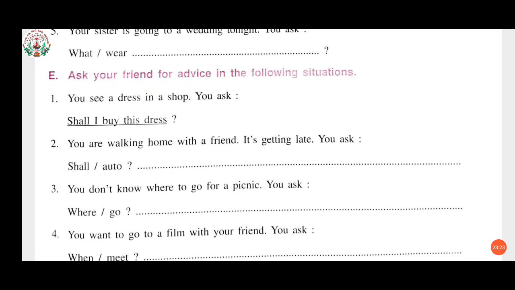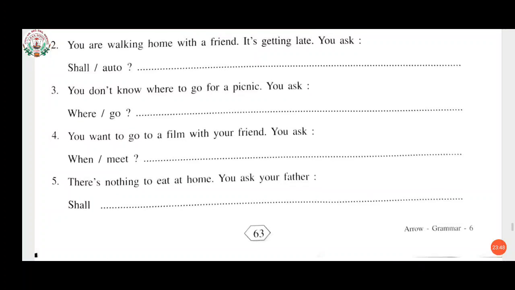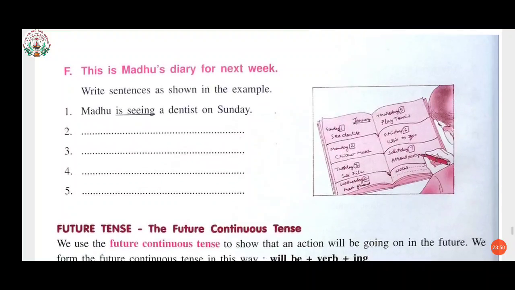You have to use shall, and in between you have to add we for making a question, and that is shall we take an auto? Likewise, the third one, you don't know where to go for a picnic, and what do you ask? Where shall we go?